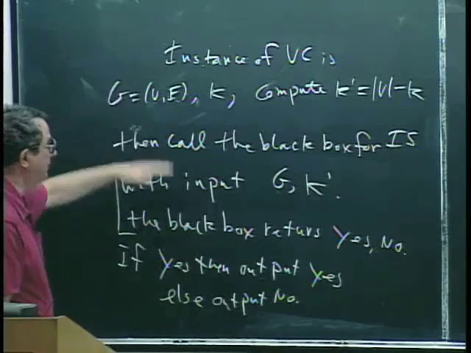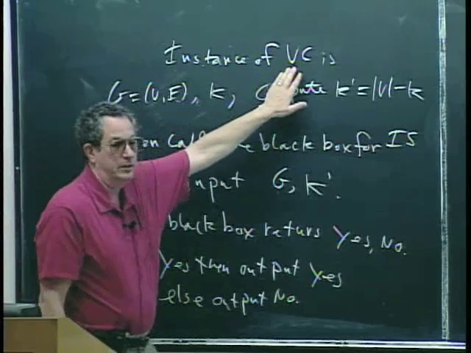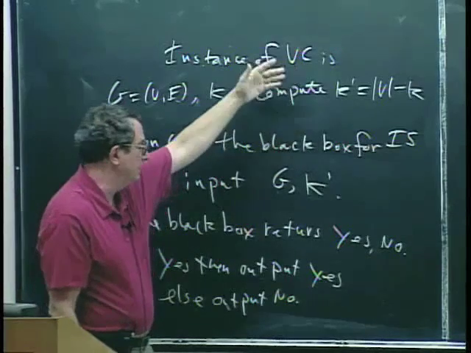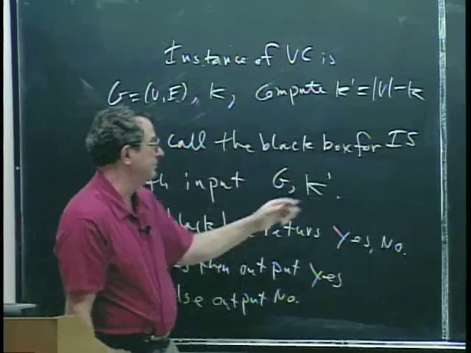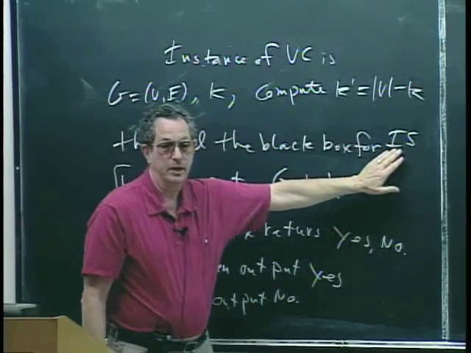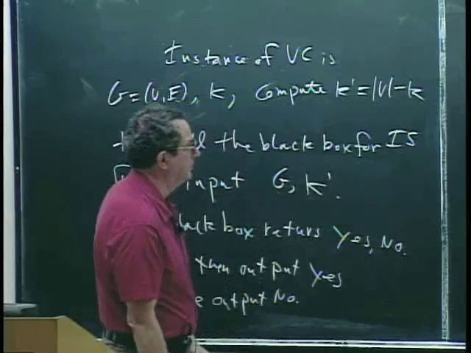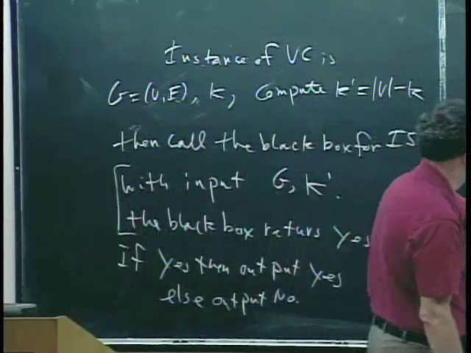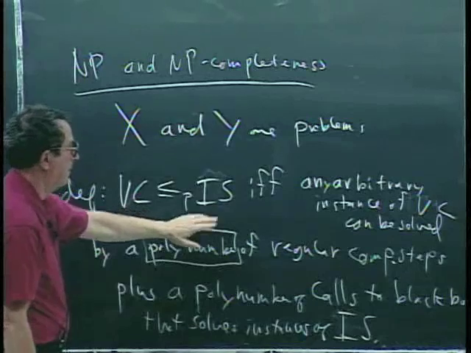And taken together, this is an algorithm for solving vertex cover if by some lucky happenstance you happen to have a black box that can solve instances of independent set. Okay? So this whole thing is an example of a polynomial time reduction. Vertex cover reduces in polynomial time to independent set.